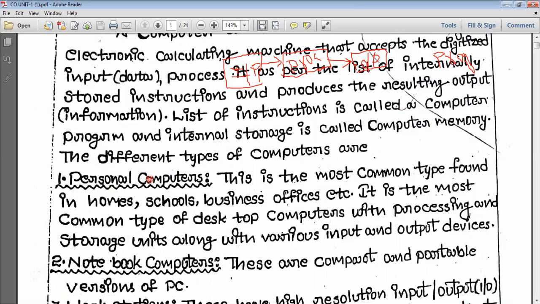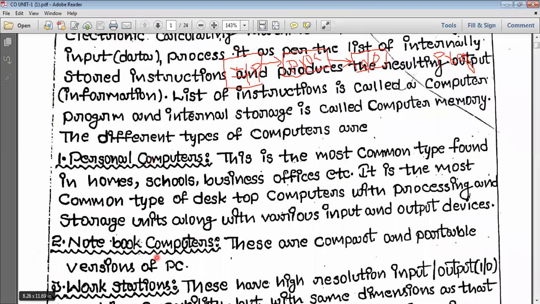If we want video editing or photo editing, where Photoshop is also loaded, another configuration will be selected. Personal computers are commonly used in homes, schools, business offices, etc.